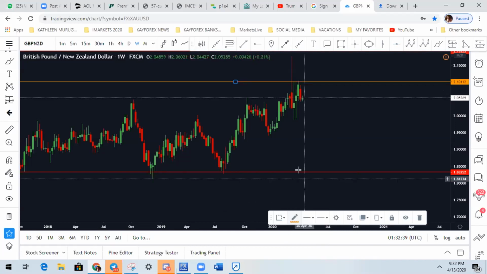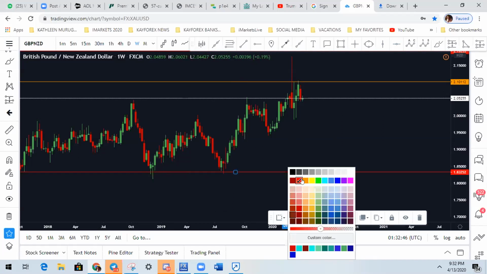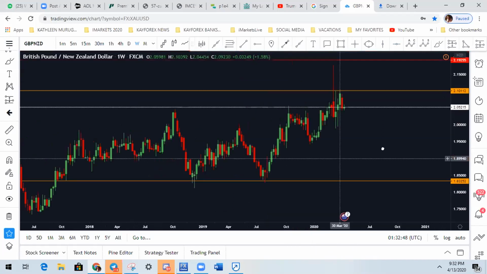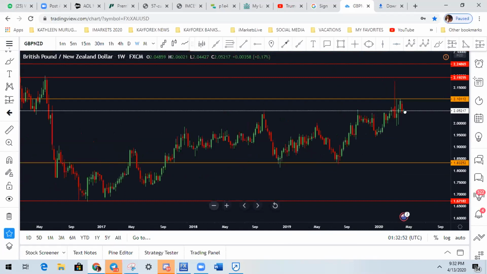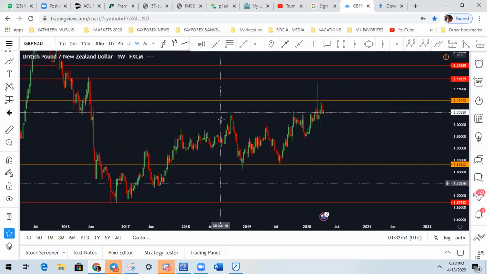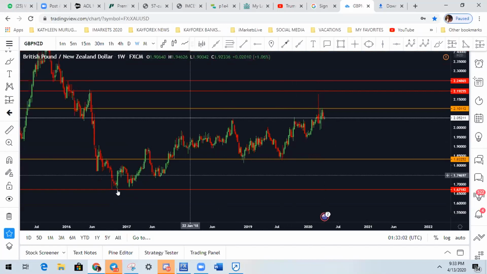That's what I do, just to make sure I'm looking at all the trend lines. And so looking at the weekly, we can see that price is kind of in a tunnel, going up and down, but more making higher highs.